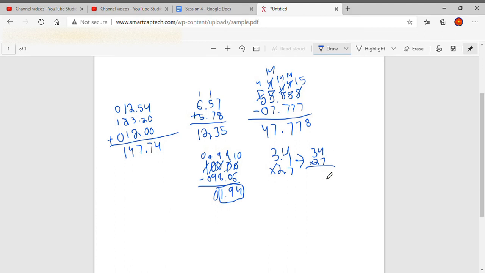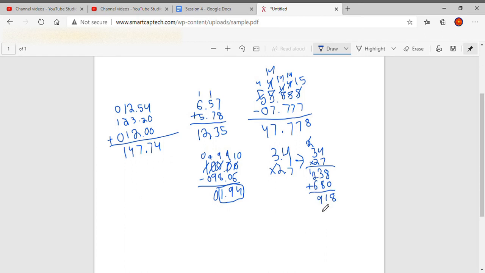7 times 4, 28. 7 times 3, 21. Plus 2, 23. 0 as a placeholder. 2 times 4 is 8. Then 2 times 3 is 6. We add this up. We get 918.